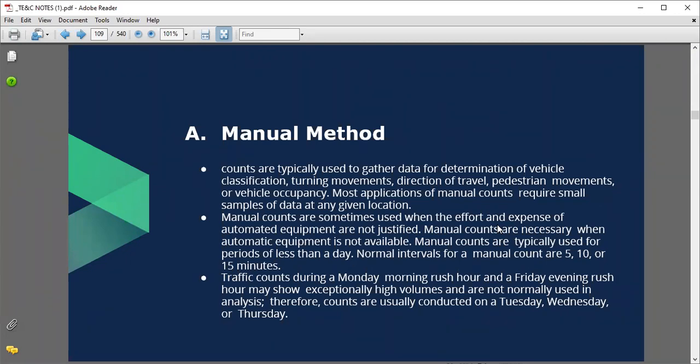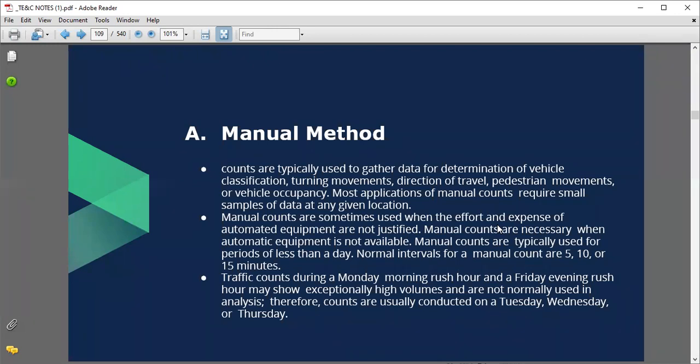So we can conduct this traffic survey at any location, and from any location we can collect information about pedestrians and the movement of vehicles on the road. Second, manual counts are sometimes used when the effort and expense of automated equipment are not justified.